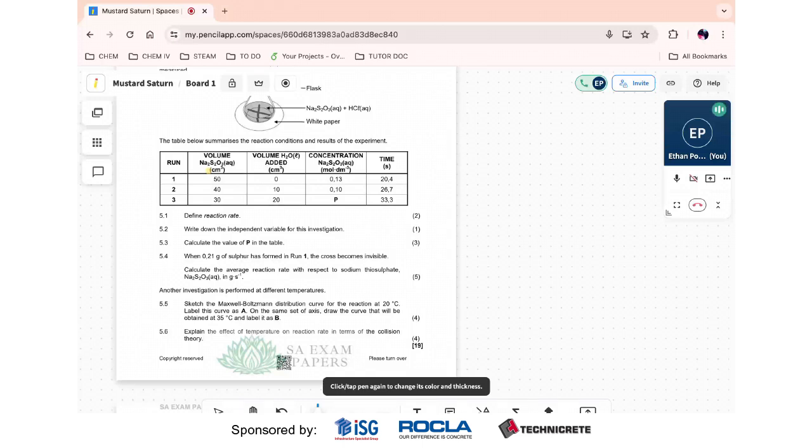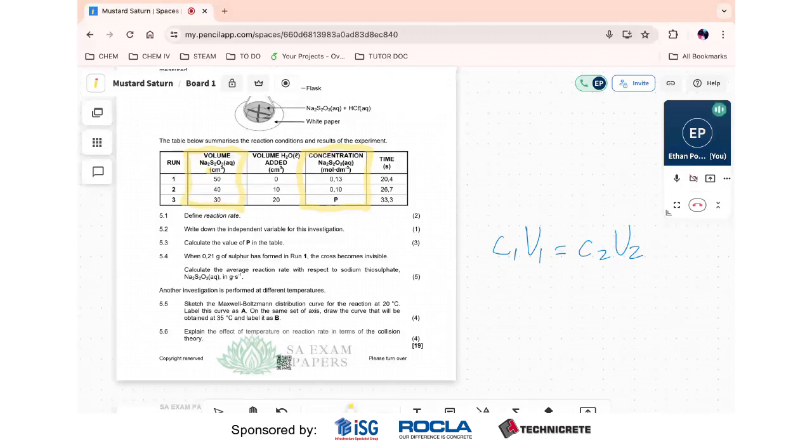We can just use the algorithm C1V1 equals C2V2. So what we need to see here is that we have enough information about the concentration of sodium thiosulfate here and its volume that we can calculate the unknown concentration using this algorithm.